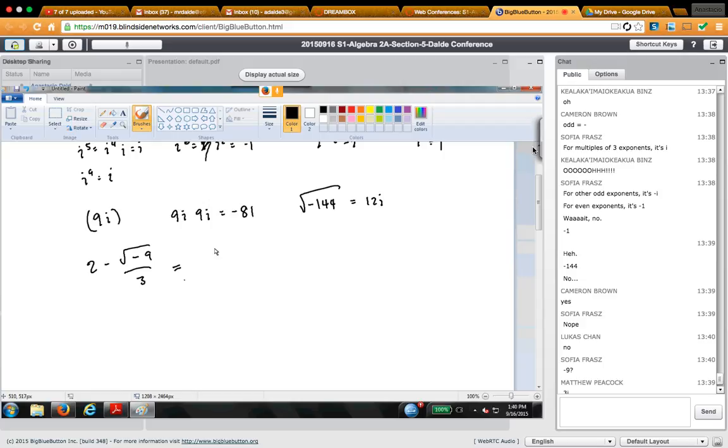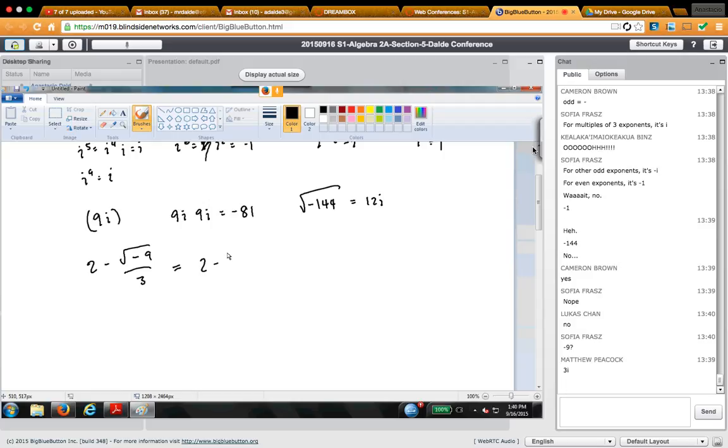I always forget the i. Okay, now I need to simplify this, 3 divided by 3. So this is equal to 2 minus 1i, or just 2 minus i. And I can't combine these because this is a real number and a complex or imaginary number.